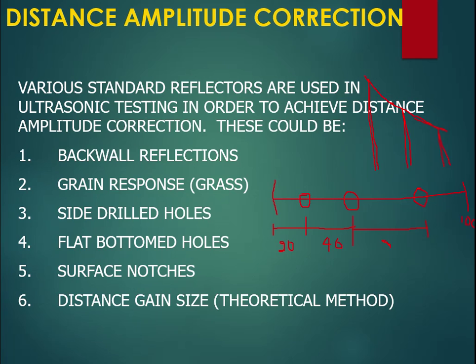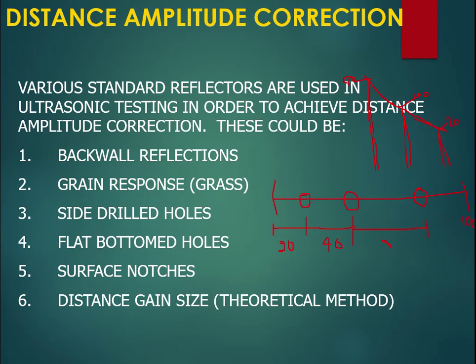So it means that if there is a discontinuity of size 3 mm, it gives a reflection of, for example, 80 percent, then 40 percent, and the third one 20 percent. So if a 3 mm discontinuity lies at a distance of 20 mm, it gives an amplitude of 80 percent.